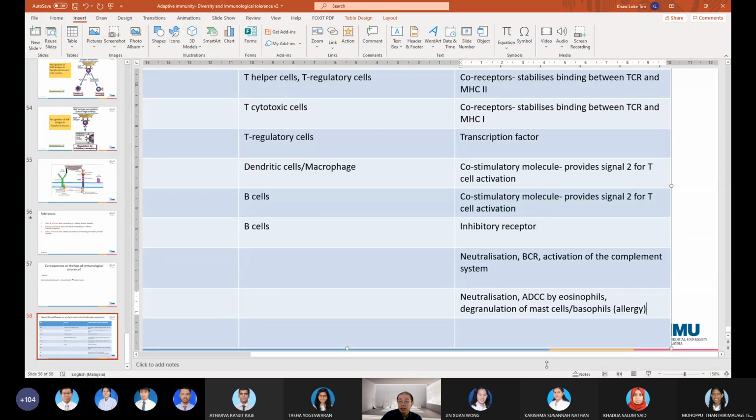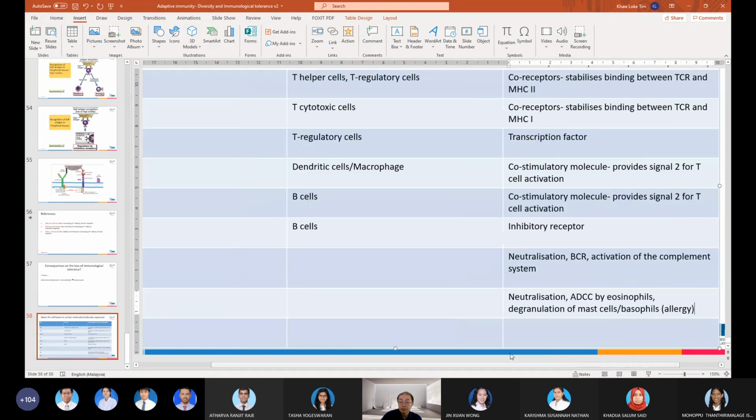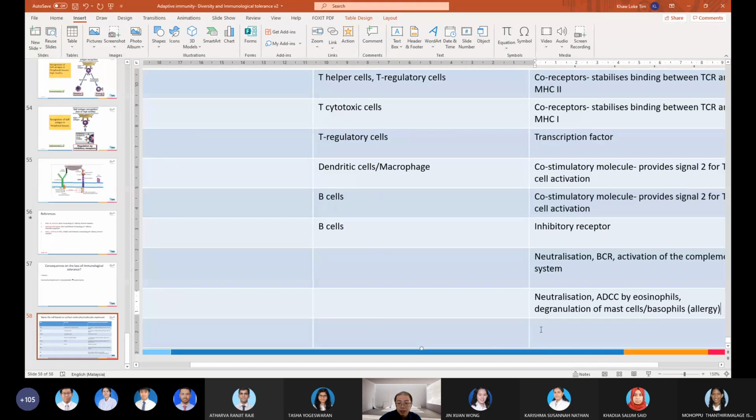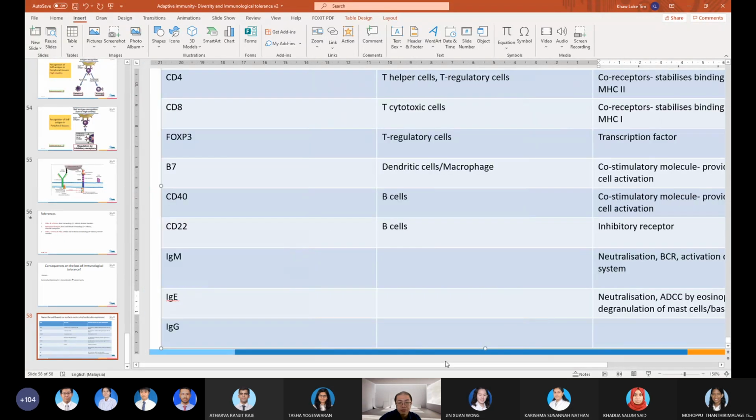How they do that is, you need to get sensitization first, then this IgE will bind to the mast cells, to the IgE receptor. You need to go into the pathogenesis of allergy to get this in detail. But here, IgE is mostly this. How about IgG?